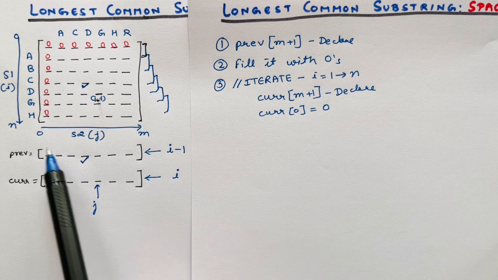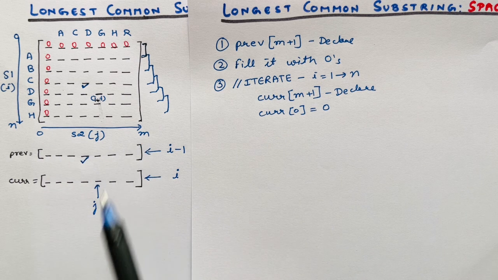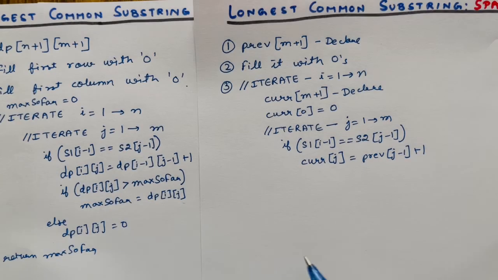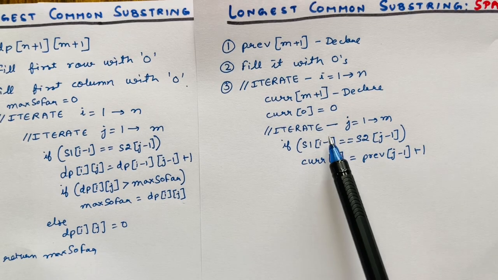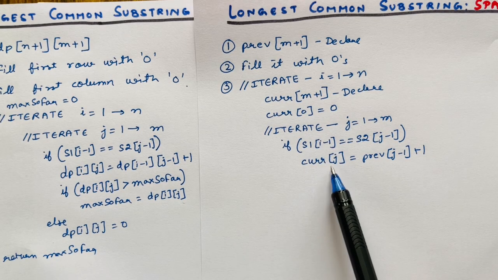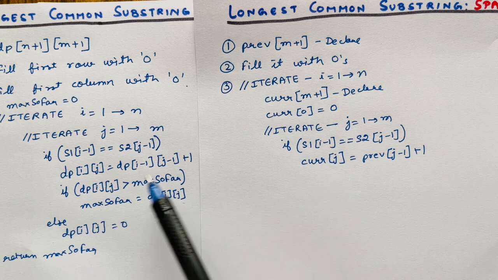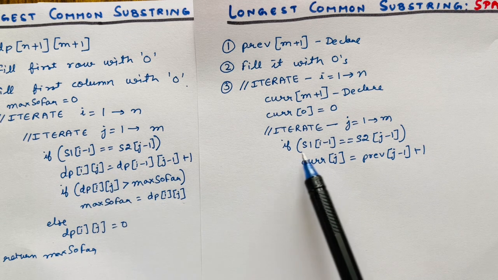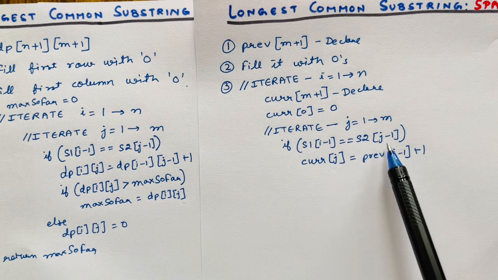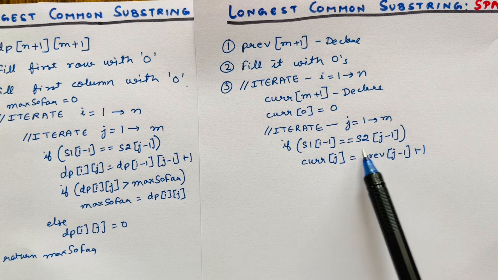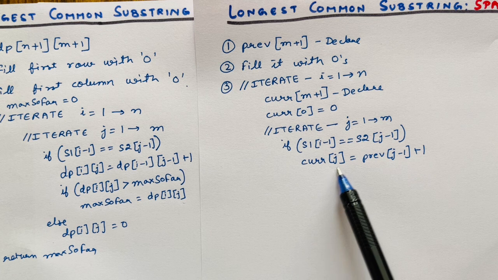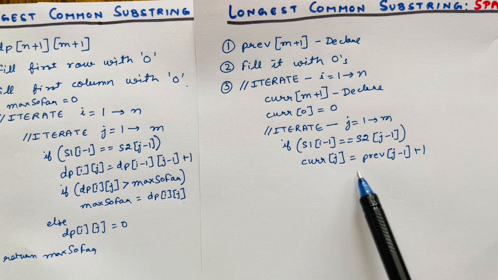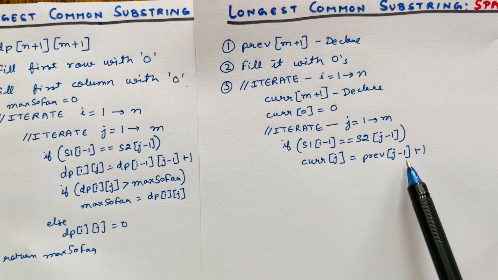Now we have to fill up this current array. So we will again have to iterate from 1 till m. In every iteration here, our aim is to fill the value at current j. So as per the previous algorithm, we first check if the last characters in the two strings are equal. If they are, then we derive our answer for current j from the previous array, as we have discussed.